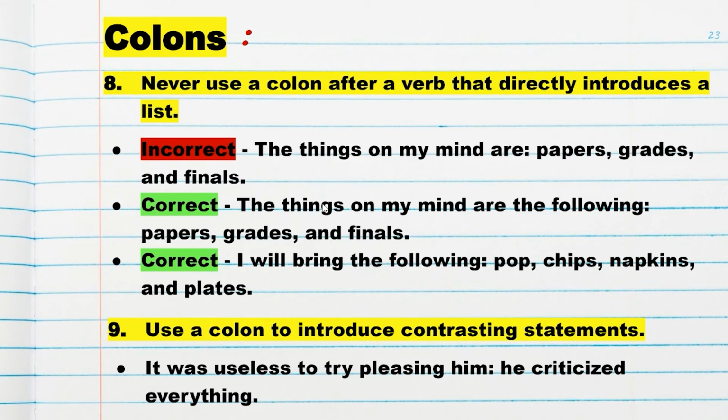Correct. The things one might need are the following. Following is a noun, so you can use the colon: peppers, grits, and vanillas. Correct. I will bring the following: pop, chips, napkins, and plates, using the colons.